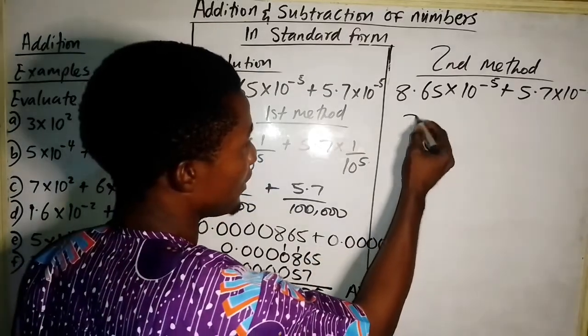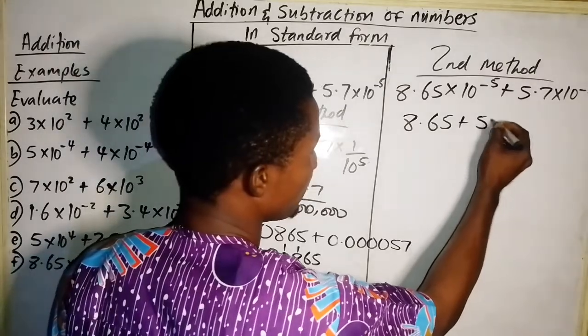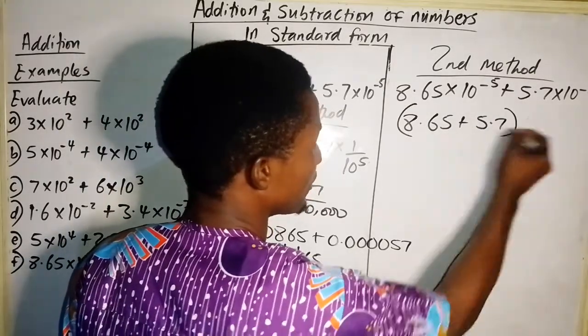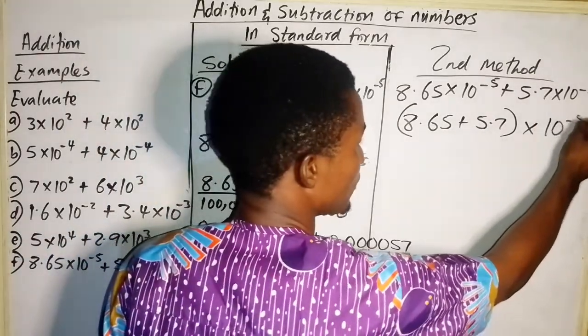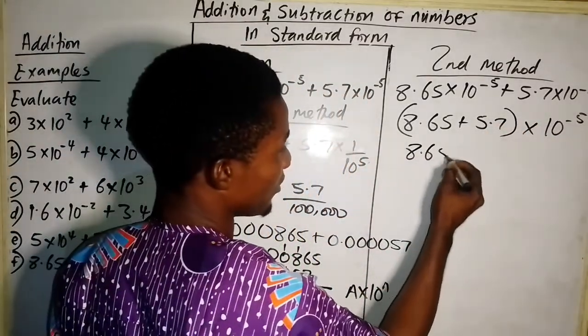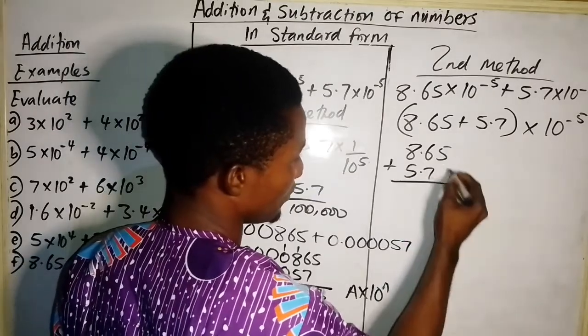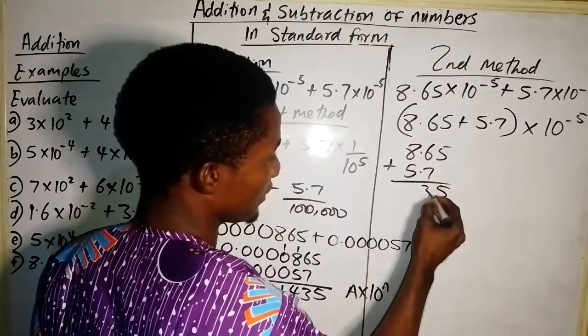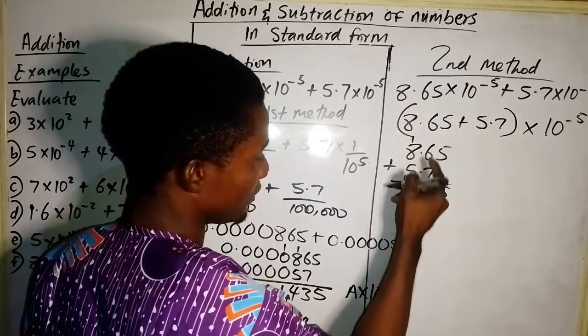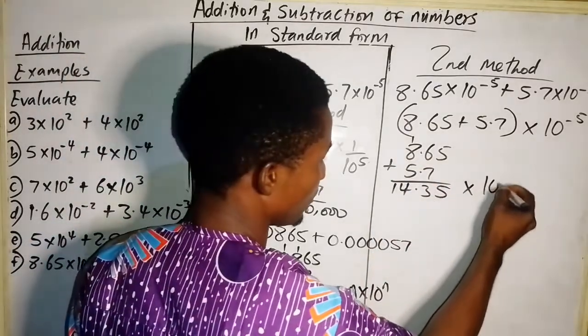So we have 8.65 plus 5.7 times 10 raised to the power minus 5, which is the common factor here. So we have 8.65 plus 5.7. This is 5. This is 13.9. This will give us 14.35 times 10 raised to the power what?